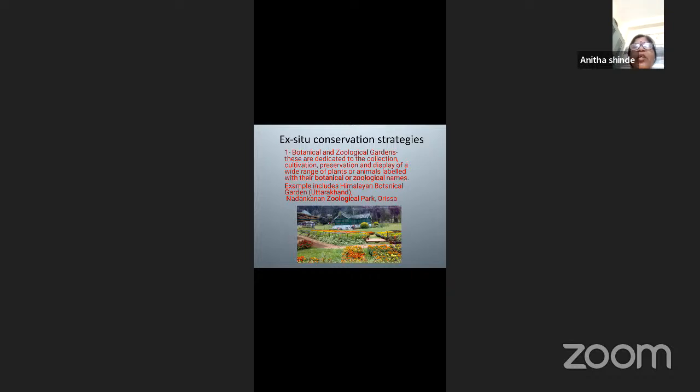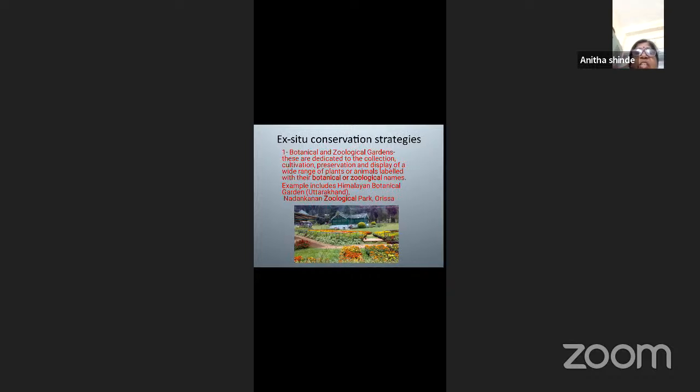Now, a number of botanical gardens and zoological gardens are there, like Himalayan Botanical Garden in Uttarakhand, then Nandankanan Zoological Park in Ujjain. Likewise, so many botanical gardens and zoological gardens are there throughout India. So you can name them. A list of them is there. So this is about the botanical as well as the zoological gardens.